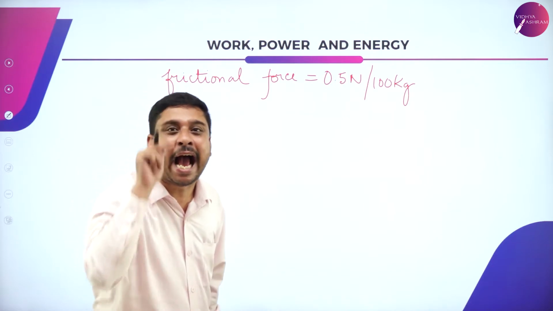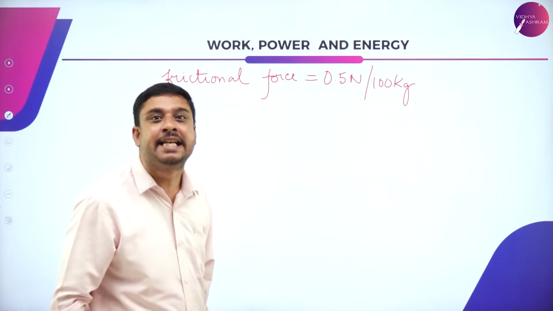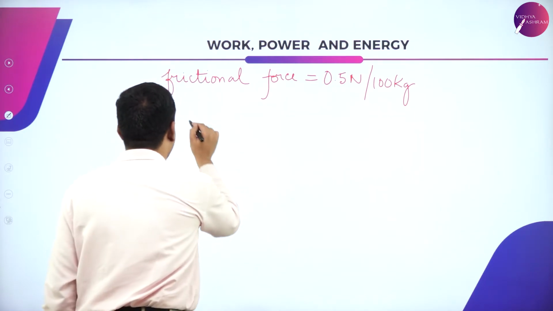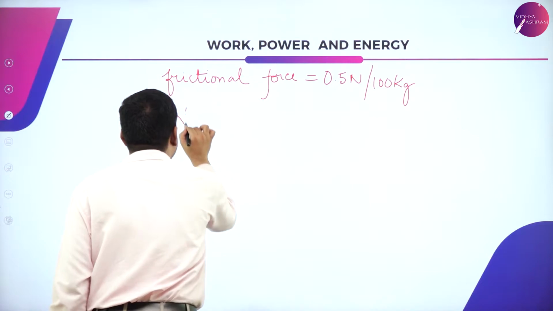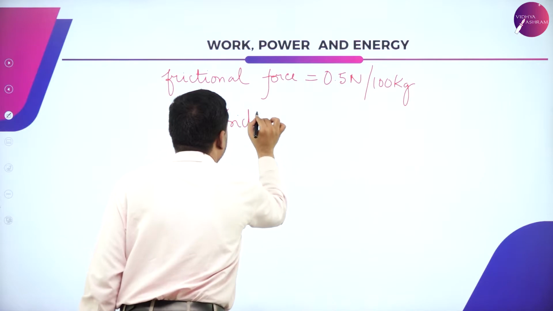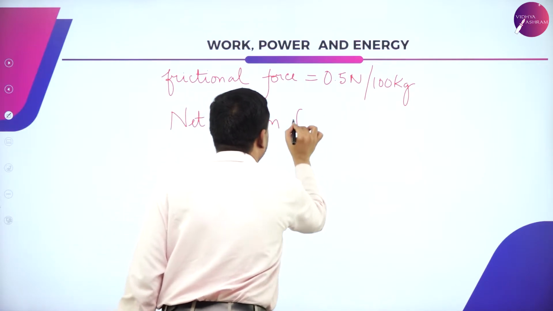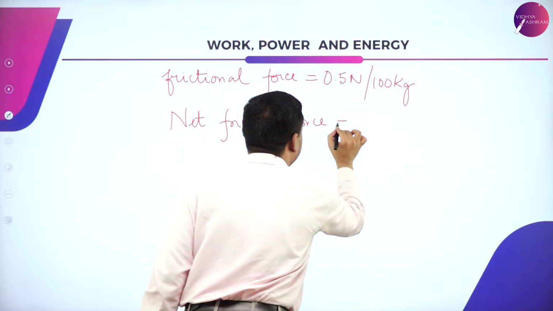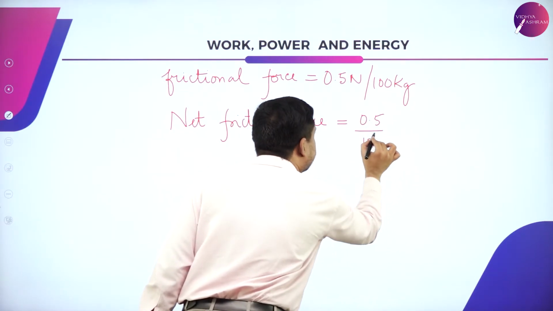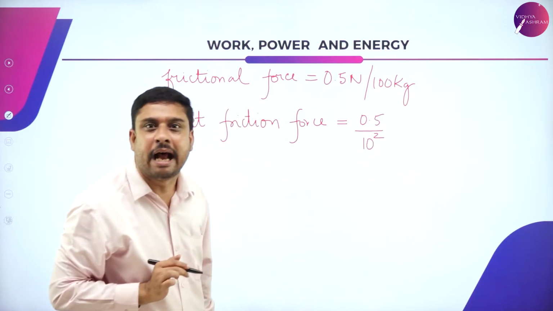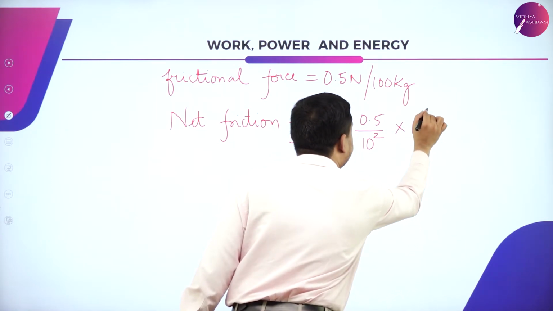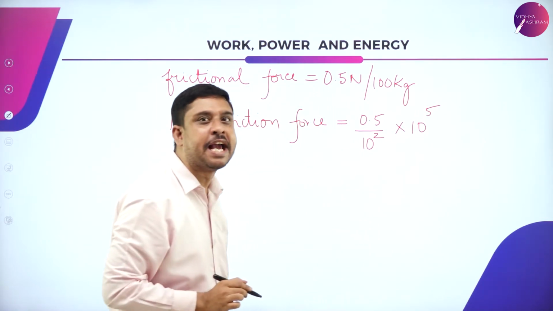Then what is the actual mass of the train given? 10 power 5 kg. Therefore, net frictional force equals 0.5 divided by 10 square, that is 100, into 10 to the power 5.